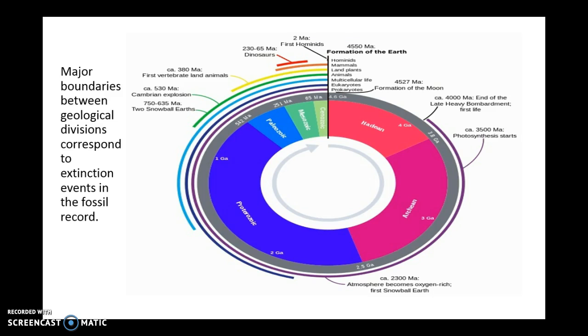Then another timeline, many times when the Earth's history is being talked about, you look at a clock, because it's something we can relate to. And by the way, if you look at the entire 24-hour clock, humans, and we're talking about the whole humanoid evolution, are only about 4 seconds of it.